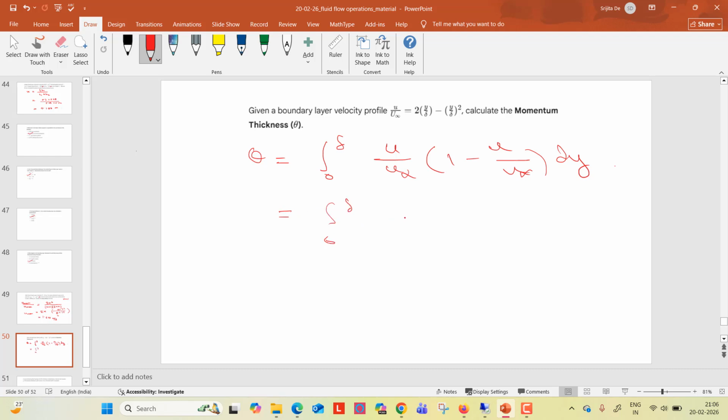You can represent y by delta as eta, so dy will be delta d eta. So it will be 2 eta minus eta square into 1 minus (2 eta minus eta square), with delta coming out, and d eta.